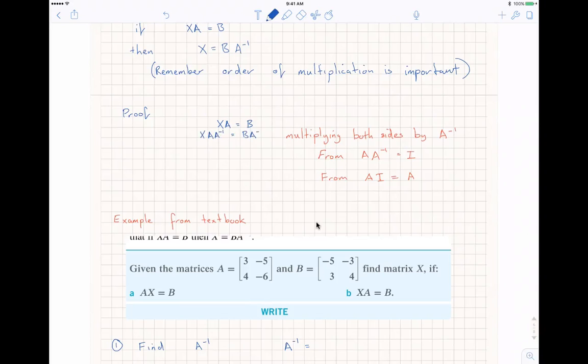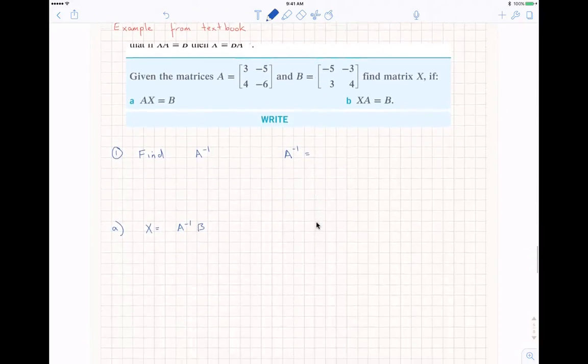So we have to multiply on the right of B. We know that A times A inverse equals the identity matrix, and we know that if we multiply any matrix by an identity matrix, we just get back the original. So that just becomes X.